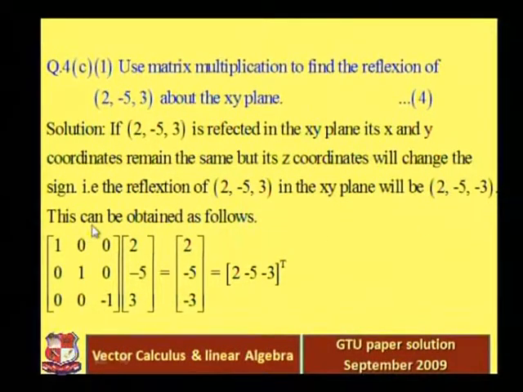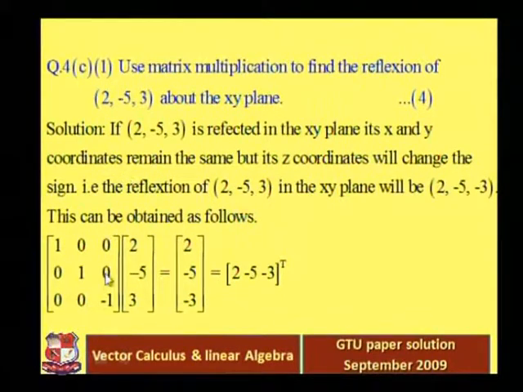And using matrix multiplication, if you want to find the image of this vector, the reflection about the xy plane, here is the process. This is the standard matrix of the reflection about the xy plane: 1 0 0, 0 1 0, and 0 0 minus 1.